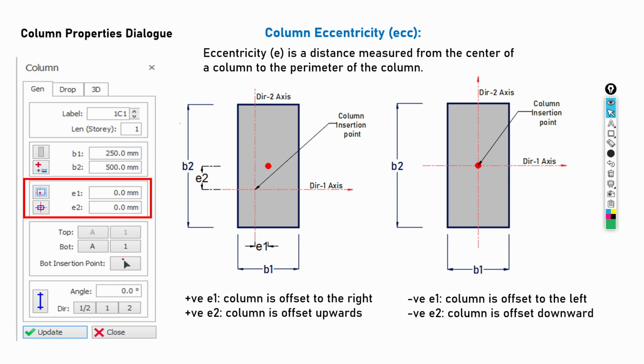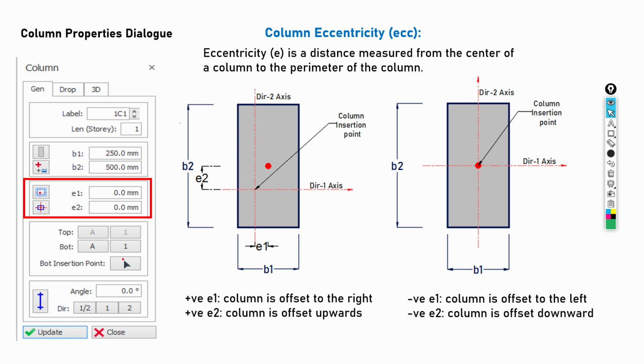So eccentricity is a distance that is measured from the center of a column to the perimeter or the boundary of that column. This eccentricity is very useful when you want to flush a column to an adjacent wall or something like that.